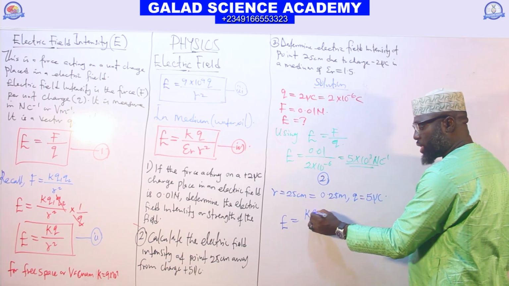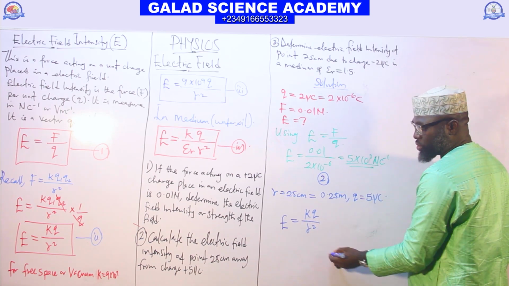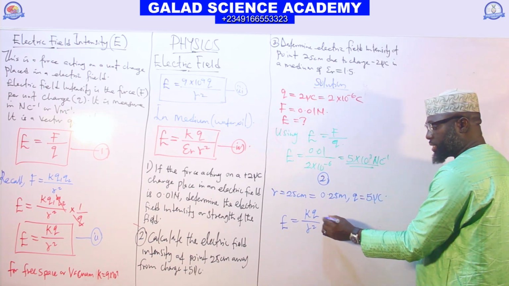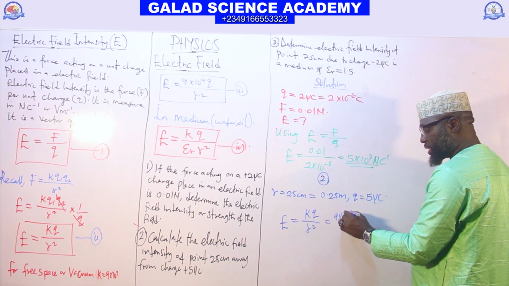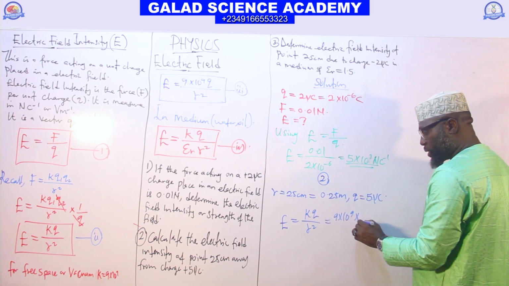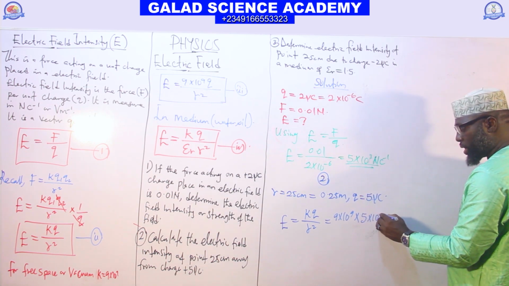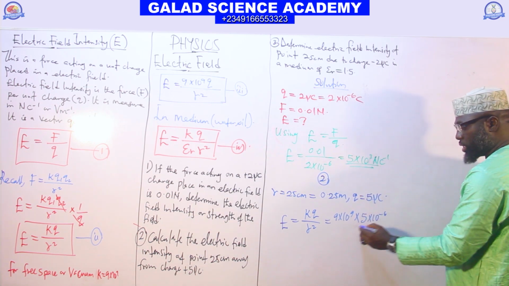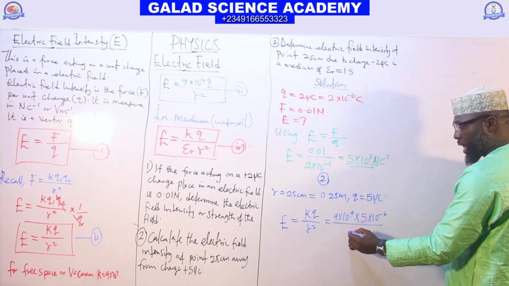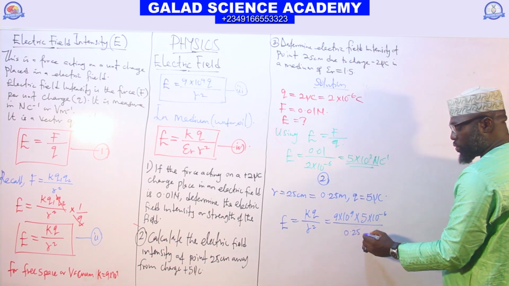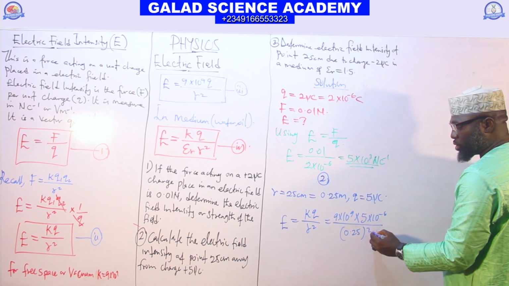We have E equals K Q over R square. By applying that, it is 9 times 10 raised to power 9, multiplied by Q, which stands for 5 times 10 raised to power minus 6, everything over R square, which is 0.25 squared.